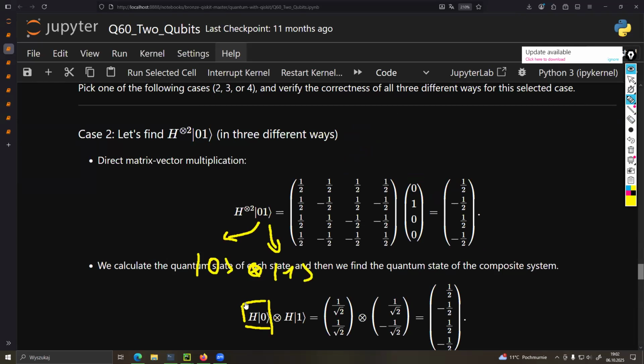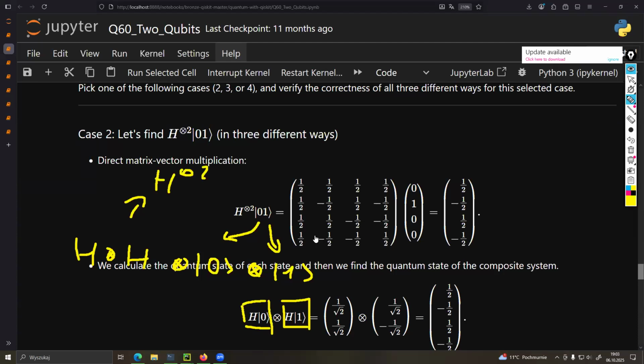Because now I have H tensor H. So this is our H tensor 2, right?